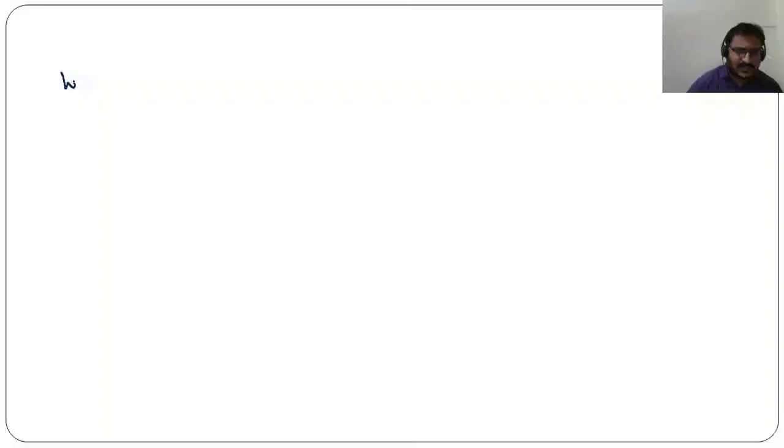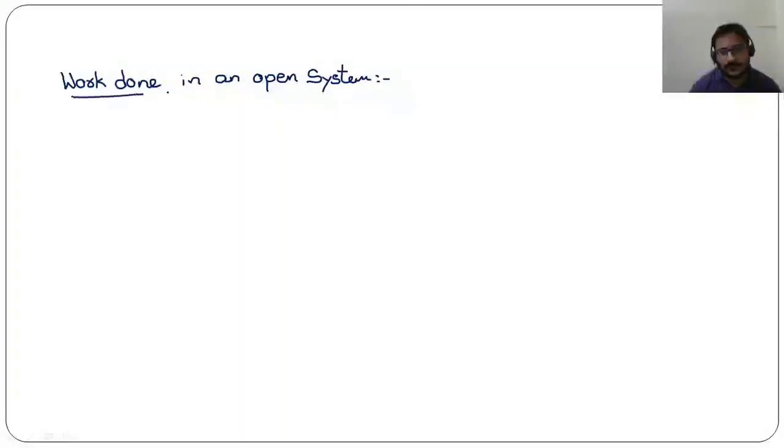Let us see some important thing for open system, that is work done in an open system. This is a very important concept. We have learned that enthalpy H is equal to U plus PV.